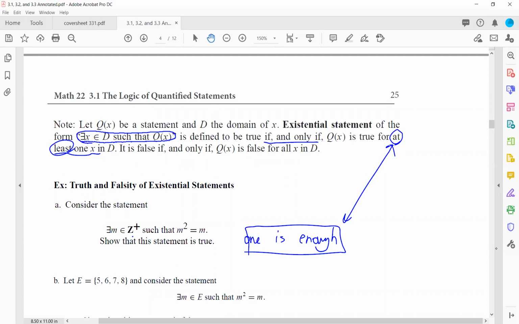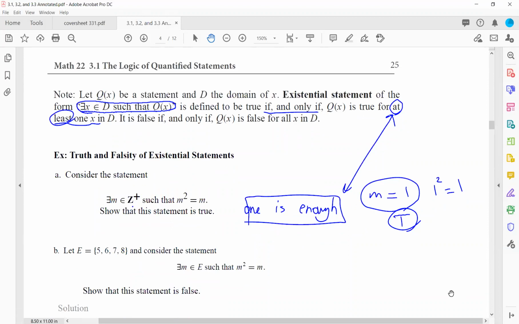So you can assume m equals 1. I found one element that satisfies this relation. This one element makes the existential statement a true statement.